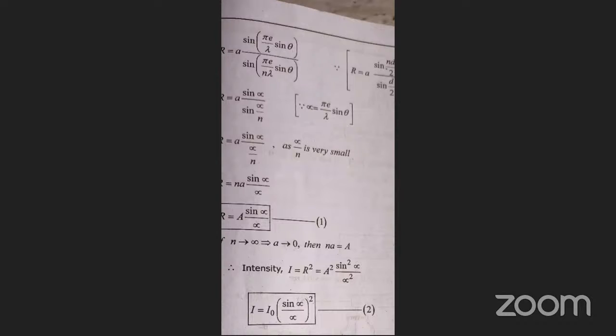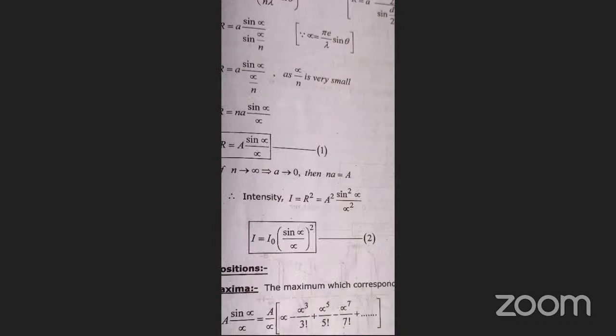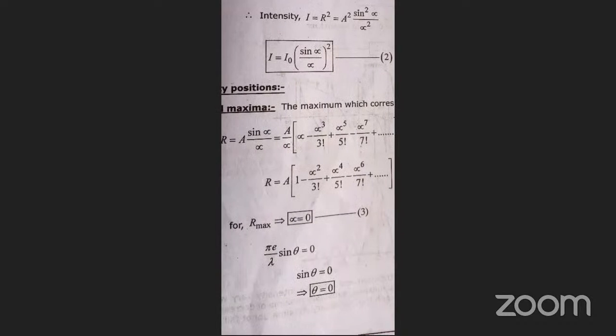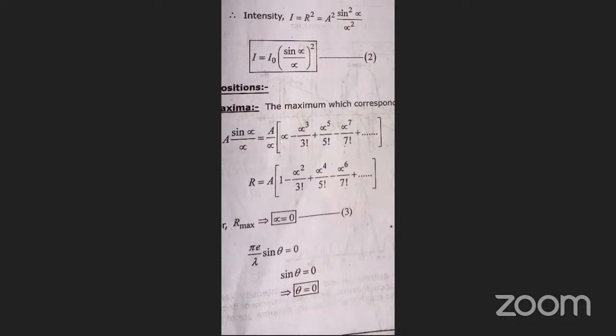Now alpha equal to 0 gives maximum intensity, which means the resultant is maximum. Then pi e sin theta by lambda equals 0. Here pi e by lambda is not equal to 0, so only sin theta is equal to 0.